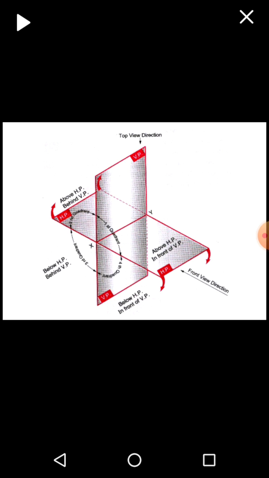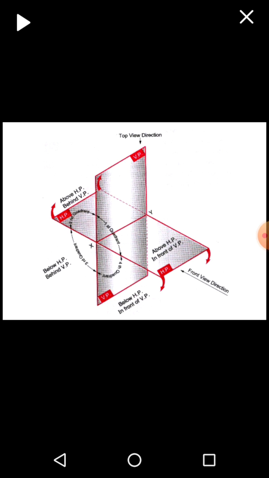So in the case of the first angle projection method, we will get the front view above the XY line and the top view below the XY line.